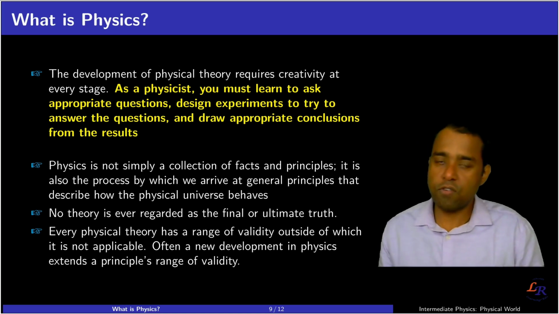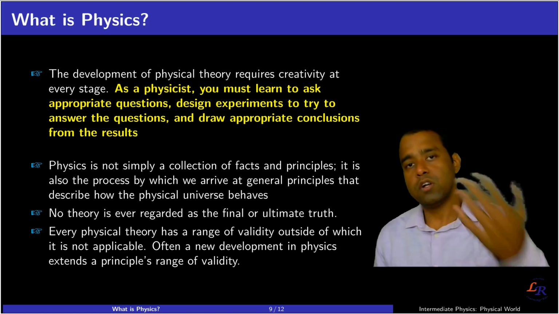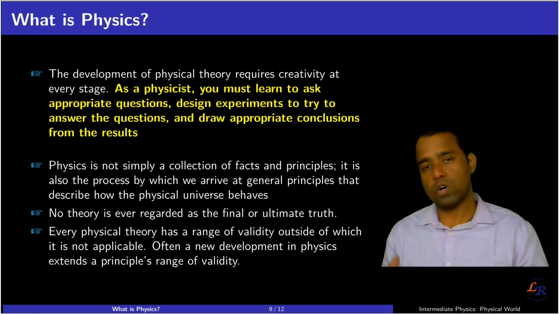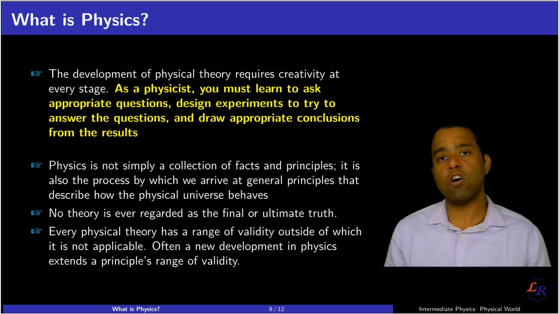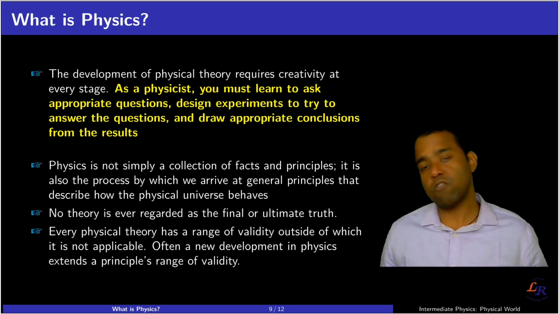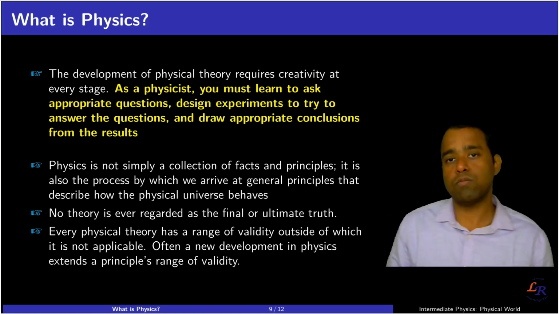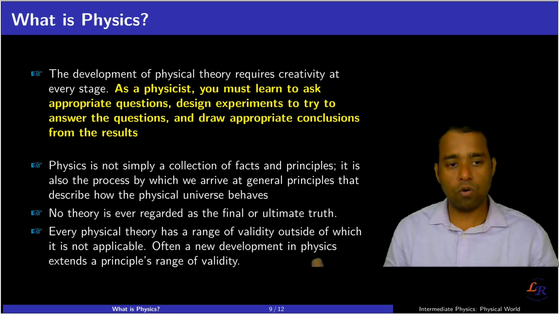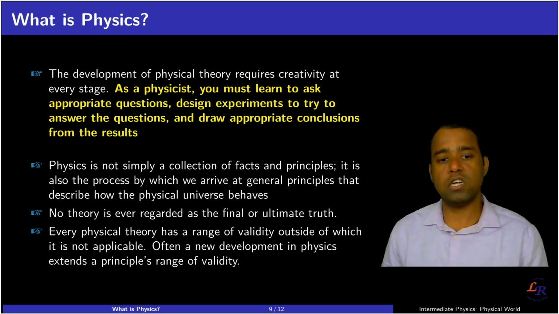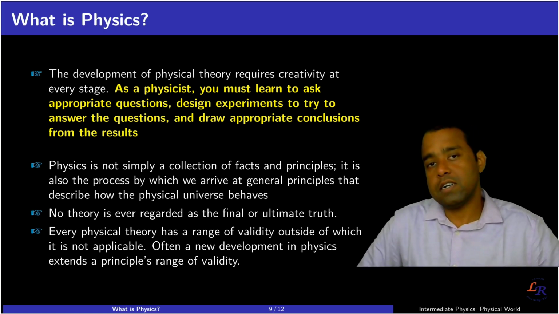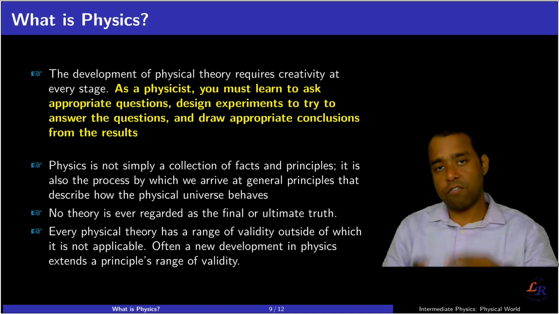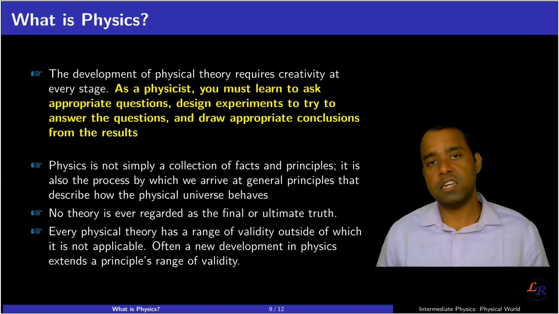Now with this modification, once you add it and take into account the friction in the models or equations, you can account for a wider range, where whether it is in air or vacuum, this rule applies. So this is what I mean: a new development in physics extends the range of validity of a principle, and of course there is always a range of scope where a given law is applicable or valid.